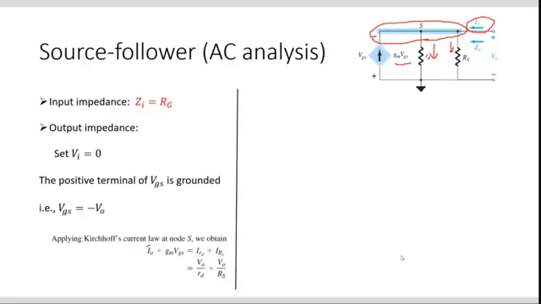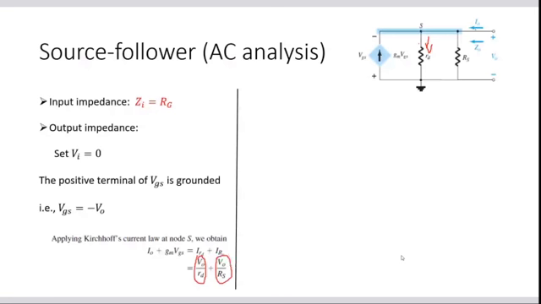IRD is the current passing through the small rd resistor, and the voltage drop across this resistor is V naught. So we have IRD equal to V naught divided by rd, and similarly IRS is equal to V naught divided by RS, because the voltage drop across the resistor RS is V naught.